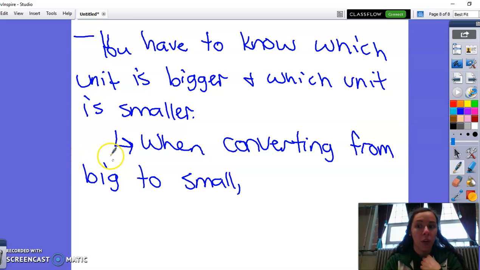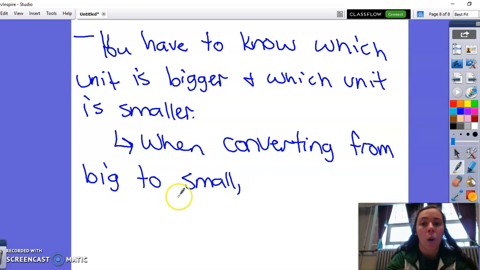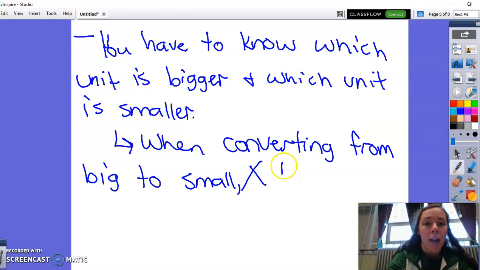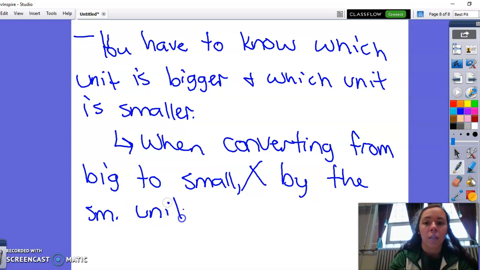Remember, there's fewer of these and lots of these. Lots of littles and a few bigs. What operation is going to give us lots of things? Multiplication. So when converting from big to small, multiply by the smaller unit's base number.